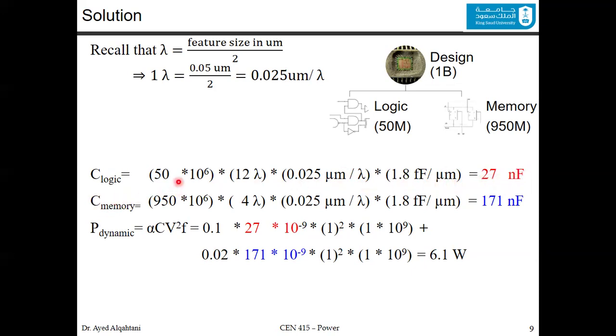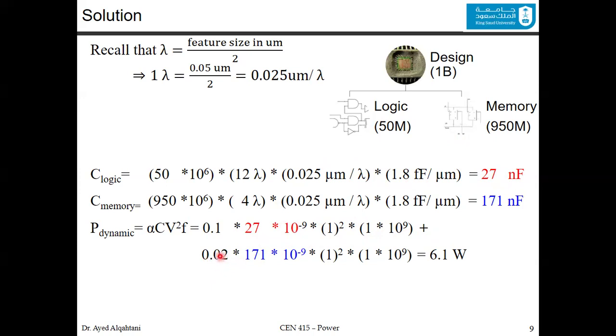For the memory, we just replace the count with the correct count, and also the correct size, to get the capacitance of the memory. Now the dynamic power is, as we mentioned, alpha C V squared times F. Alpha is 0.1 for the logic, and it's 0.02 for the memory. So we will multiply 0.1 by the capacitance of the logic times V squared times the frequency, plus the memory term.